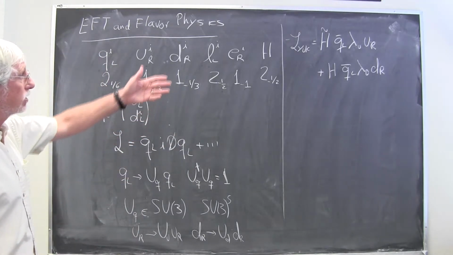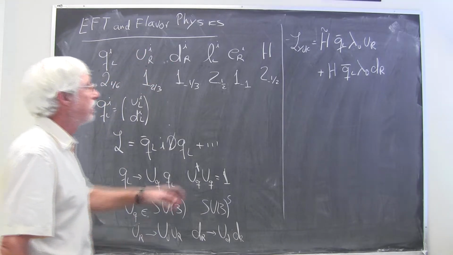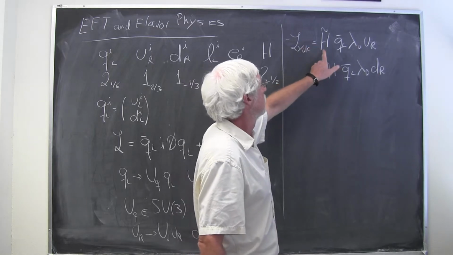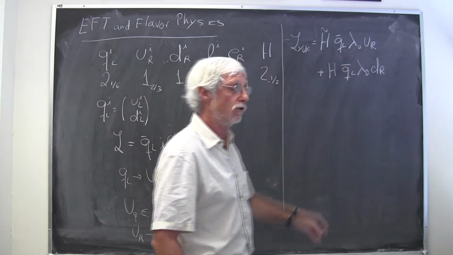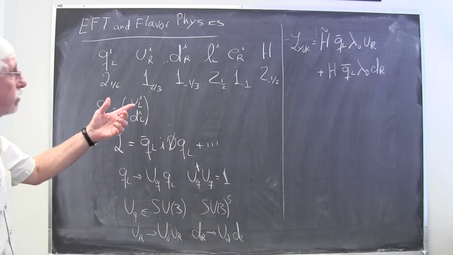And if you write down the most general Lagrangian, those matrices are completely general. But when the Higgs field gets shifted, they produce masses for the quarks. And those are non-diagonal mass matrices.